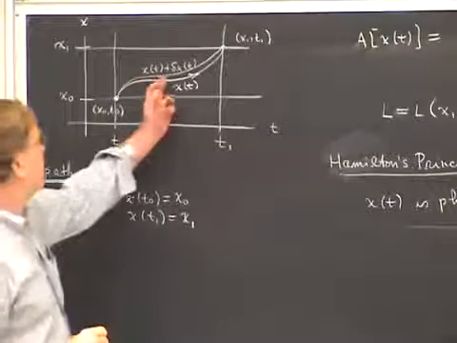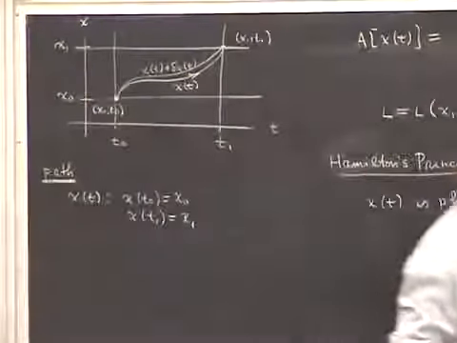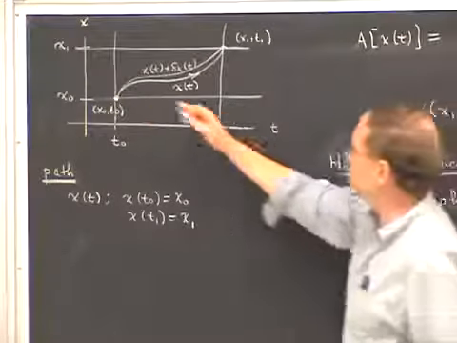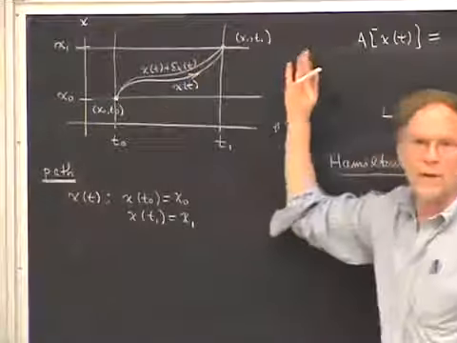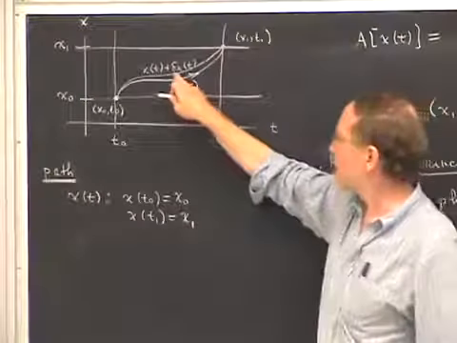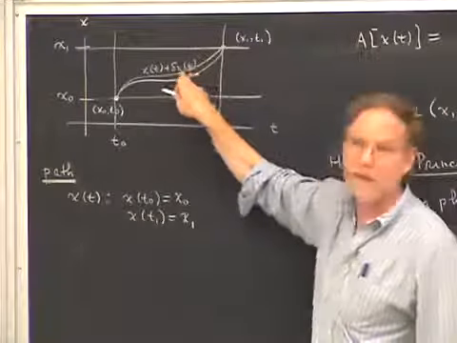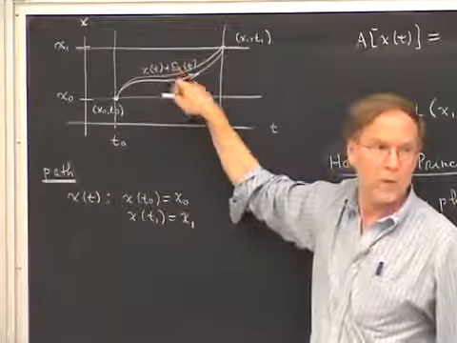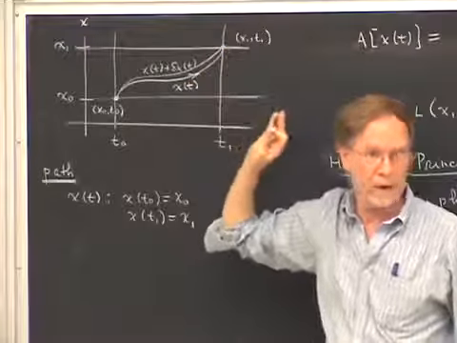It's important to understand this notation delta x of t. Delta x of t is merely the difference between two paths that satisfy the endpoint and end-time conditions. The delta is not an operator. Delta x is a function of time. However, the delta is a reminder that it's supposed to be small, because we're talking about two paths that are nearby one another.